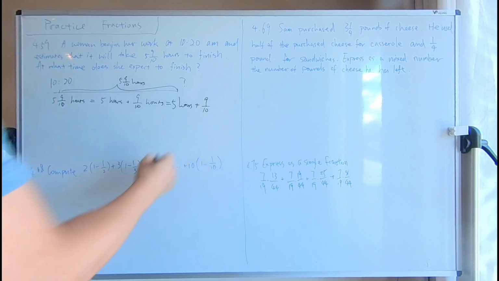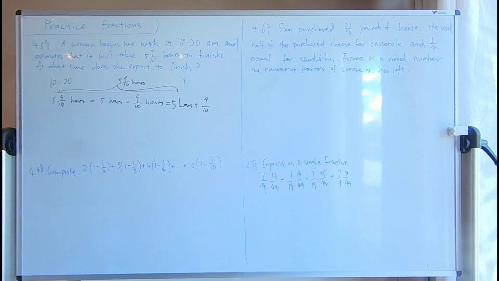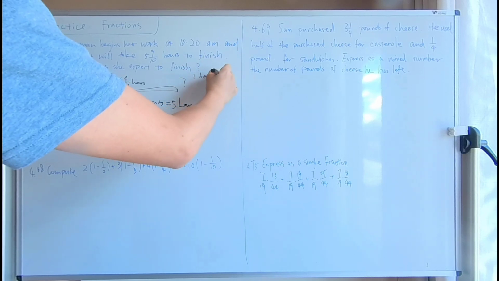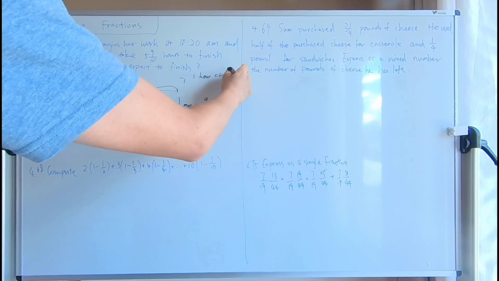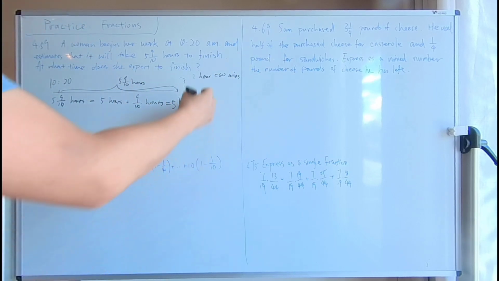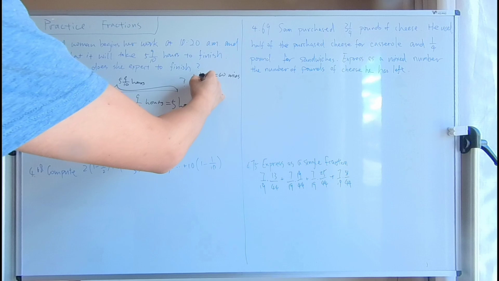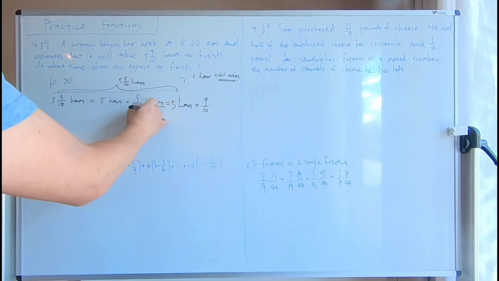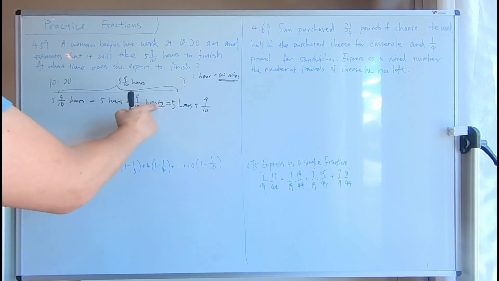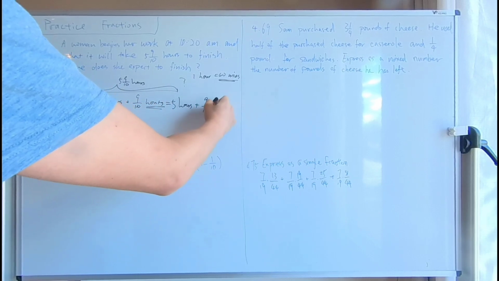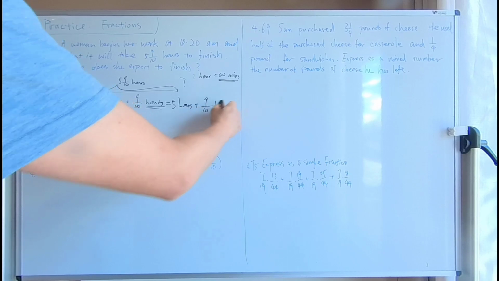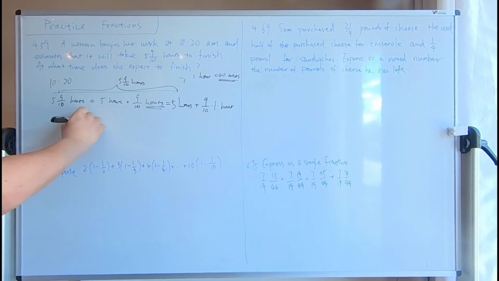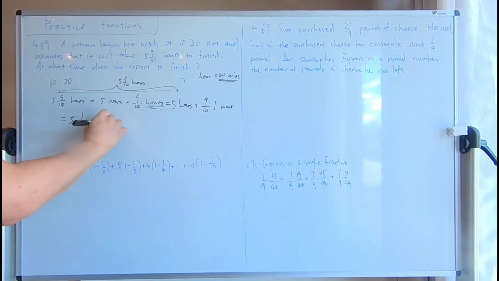So how do we convert hours to minutes? If you don't know, 1 hour is 60 minutes, so an hour can be written as 60 minutes. That means this hour is equivalent to 1 times an hour, times 9 over 10.